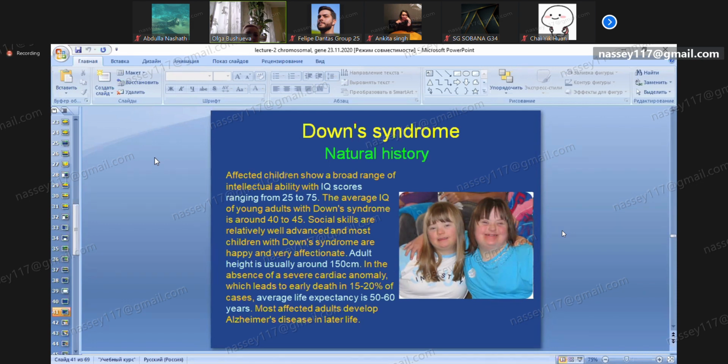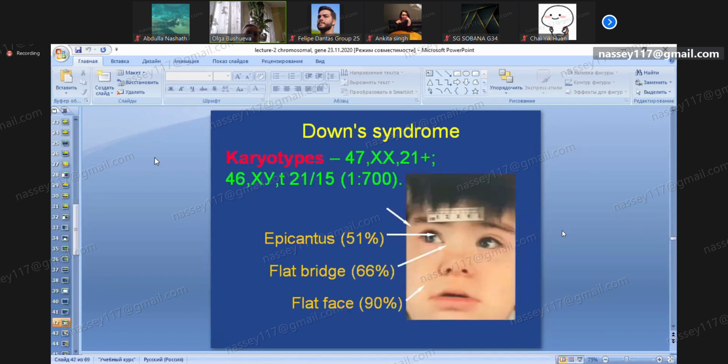Adult height is usually around 150 centimeters. In the absence of a severe cardiac anomaly, which leads to death in 20-50% of cases, average life expectancy is 50-60 years. Most affected adults develop Alzheimer's disease in late life.